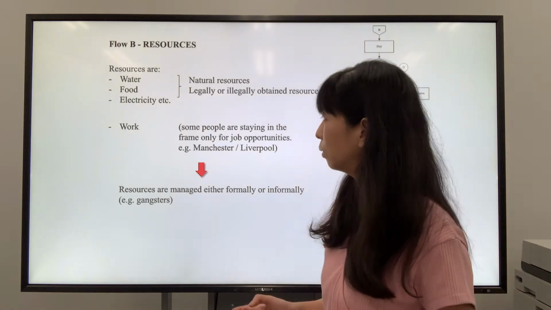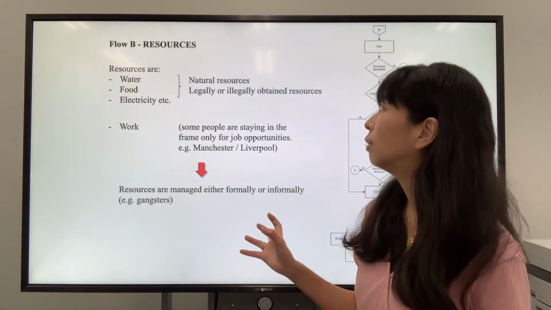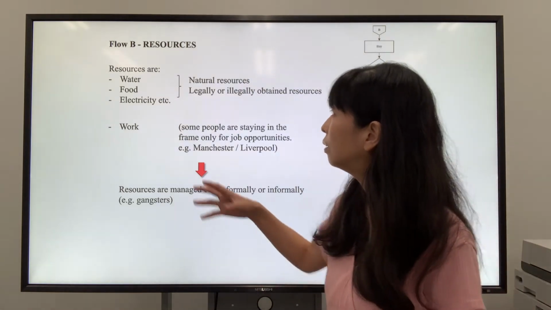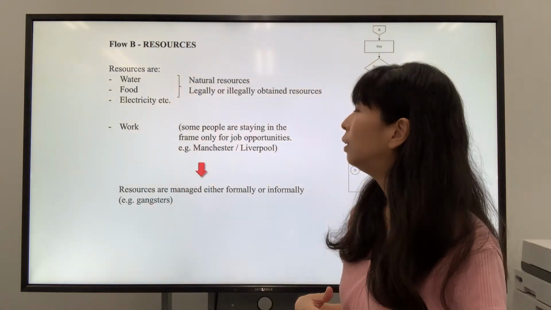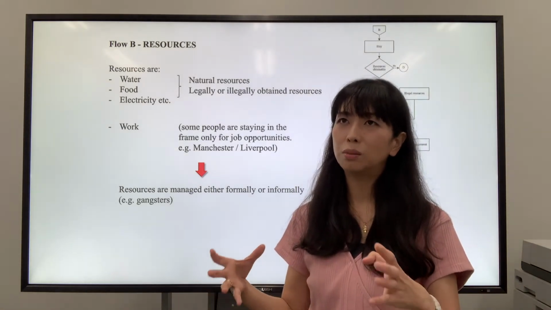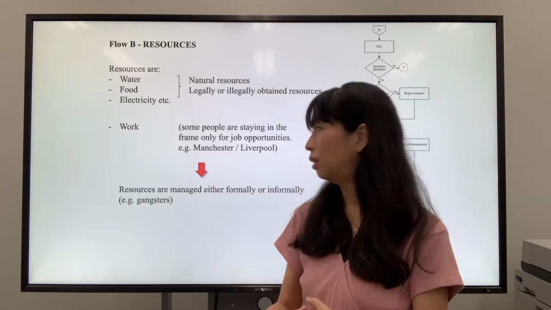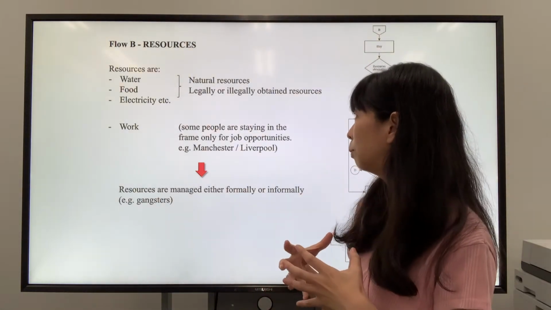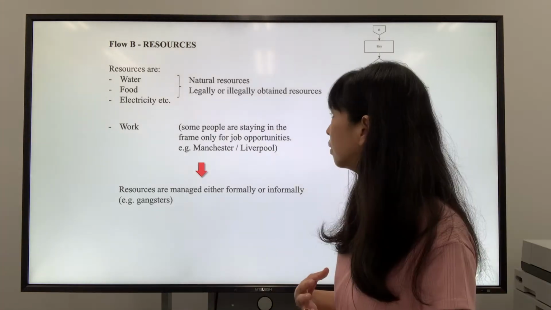So another important one is of course work. If you don't have work, then of course you cannot purchase any of these things legally. And some people, even though their living environment might be really quite painful, prefer to stay within that frame because this is the only place that they can have the job opportunity.